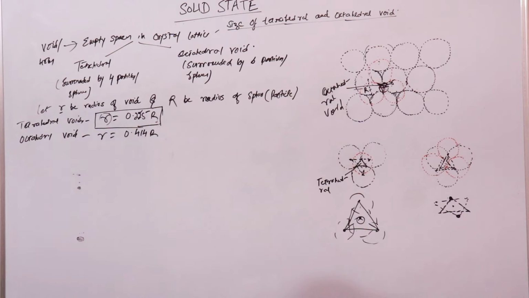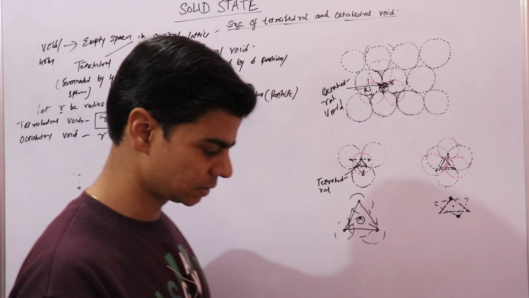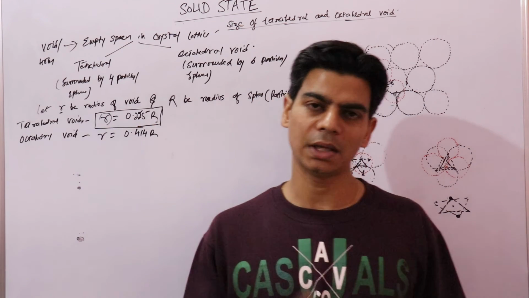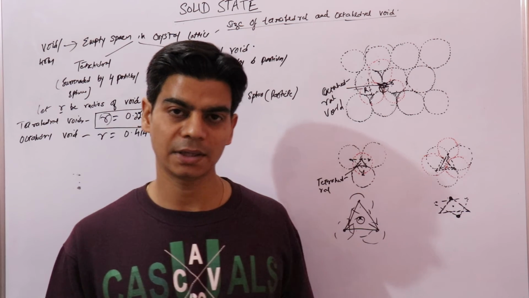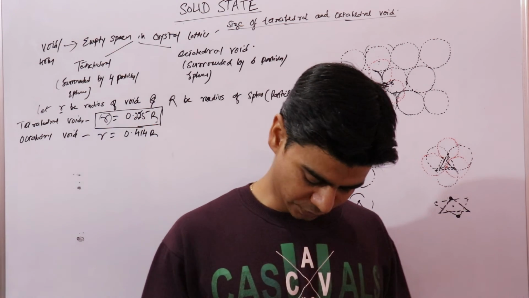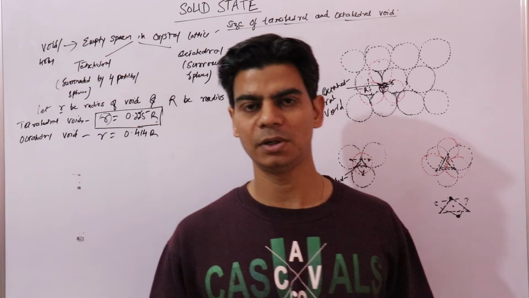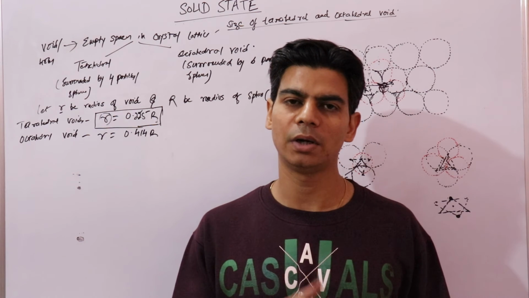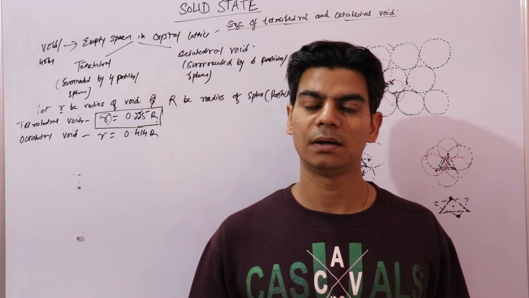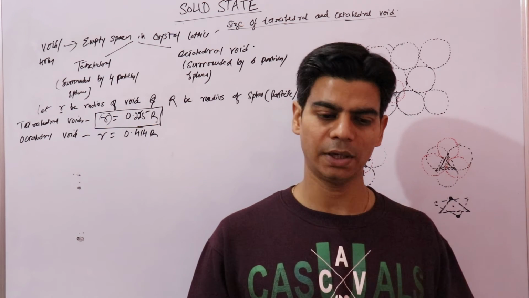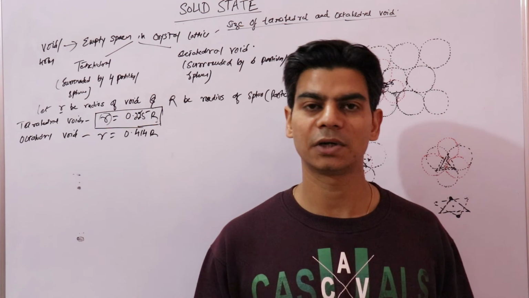Now let's talk a little about ionic solids. We know that ionic solids consist of cations and anions. We have also studied in previous classes, in chemical bonding and the periodic table, that the size of anions is bigger than the size of cations.